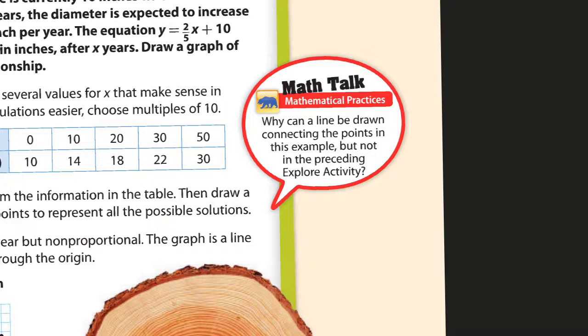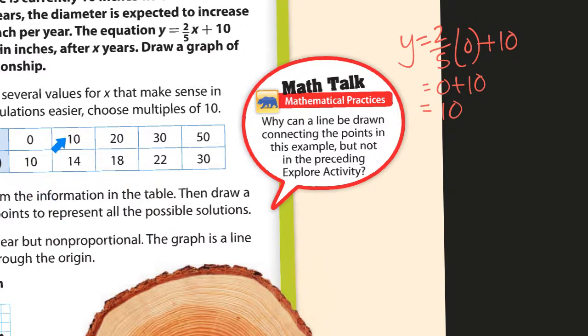So y equals 2/5 times, and I will plug in 0, and then I add 10 to that. 2/5 times 0 is just 0, plus 10, which is 10. And that's where they got this 10 from.